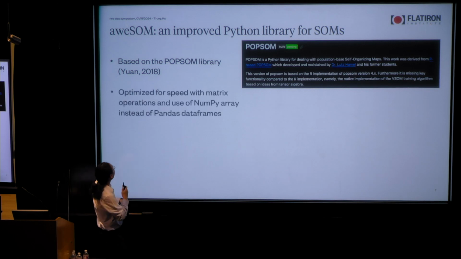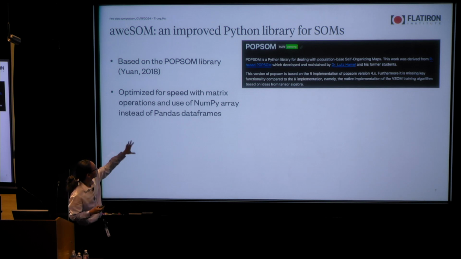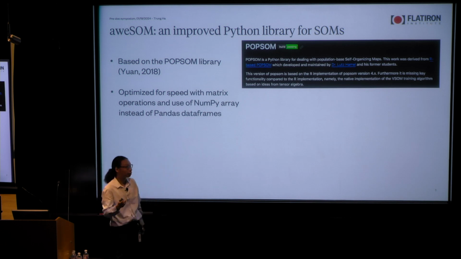So I have optimized for speed by converting some of the list operations into matrix operations. I've also changed wherever possible from Pandas data frames to just NumPy arrays.